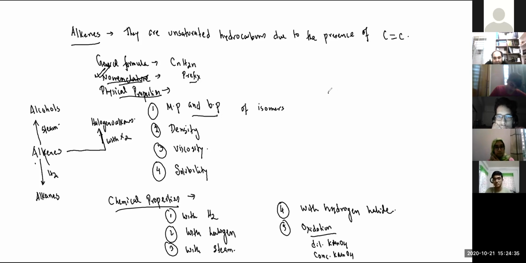For example, if you have a carbon-carbon double bond with 2 hydrogens and 2 chlorines, is this cis isomer or trans isomer? Cis. Why is it cis isomer?